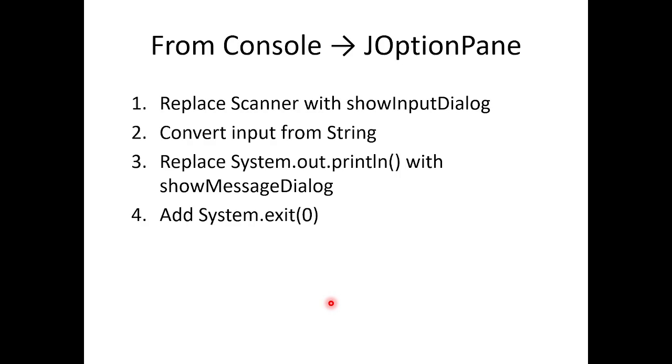So just to highlight again some similarity of what you have learned in the console program in the previous lab and the current topic. Replace Scanner with showInputDialog. Scanner is your scanner library, so when you state the scanner, you can replace those scanner functions with showInputDialog.